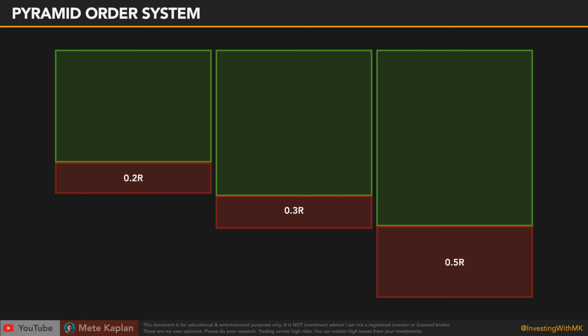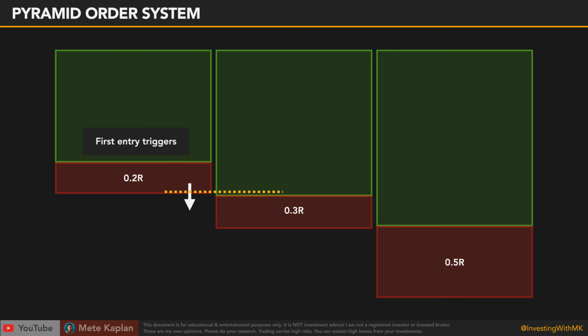How does this system actually work? First of all, you have to place all orders very close to each other. A stop in one order should trigger the next order. Basically, your first order triggers. Best case, it will work and you'll end up with profit.